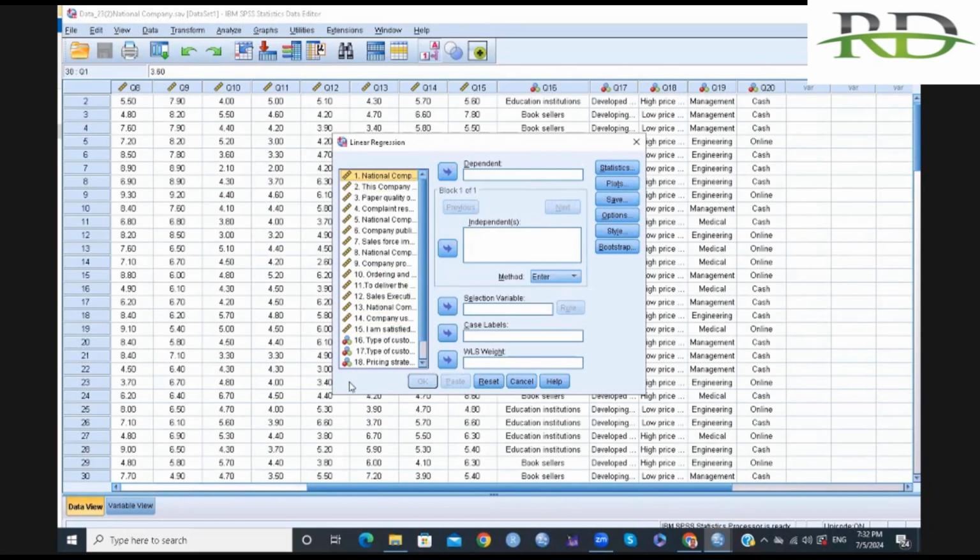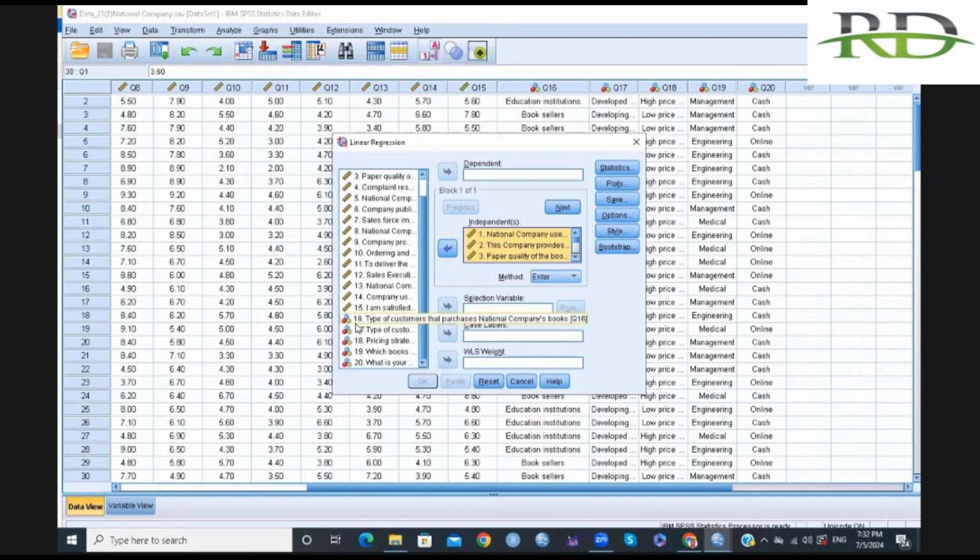Now you have to decide here which one is going to be the dependent variable. In case of multiple regression as well, the dependent should also be the numeric one. So you put any one of them.